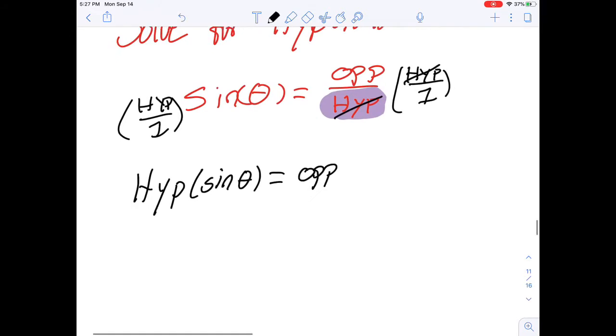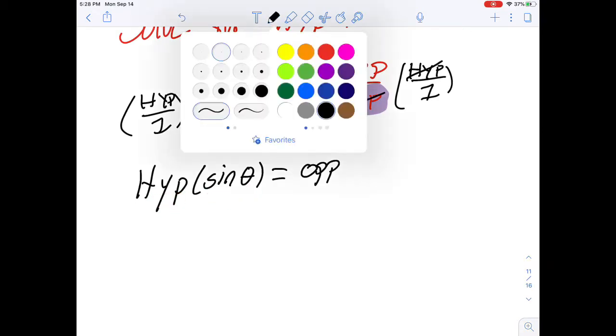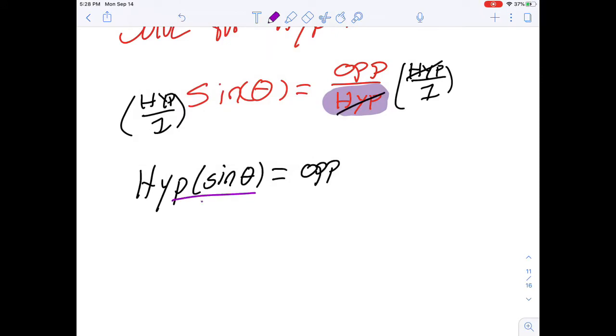Again, we're trying to solve for hypotenuse here. So what is sine doing to hypotenuse? It is multiplying, so we are going to do the opposite and divide both sides by sine, because we're trying to cancel sine out on the left-hand side. You have sine dividing sine, and now you have solved for hypotenuse.